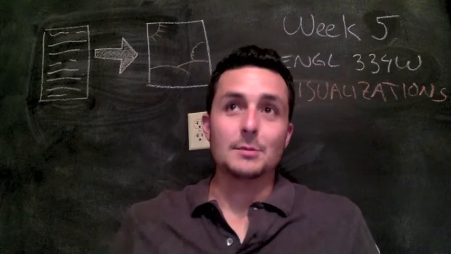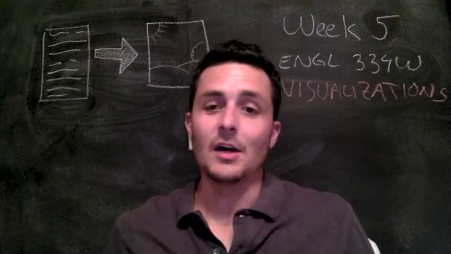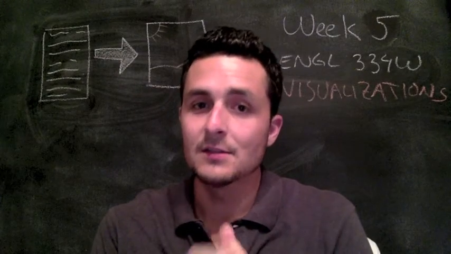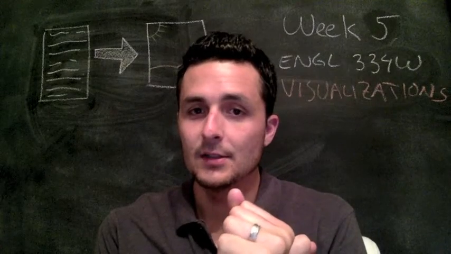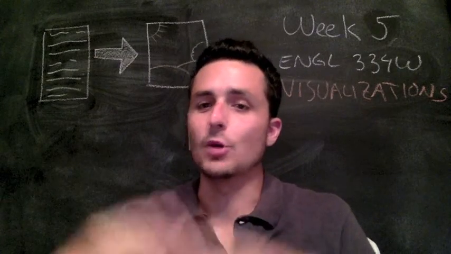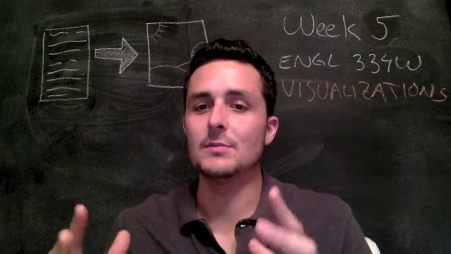So the two main types of information you want to visualize are information that's too complex, or that could be made simpler through visualization. Visuals are not intended to make things more complicated; usually they are meant to make things easier.